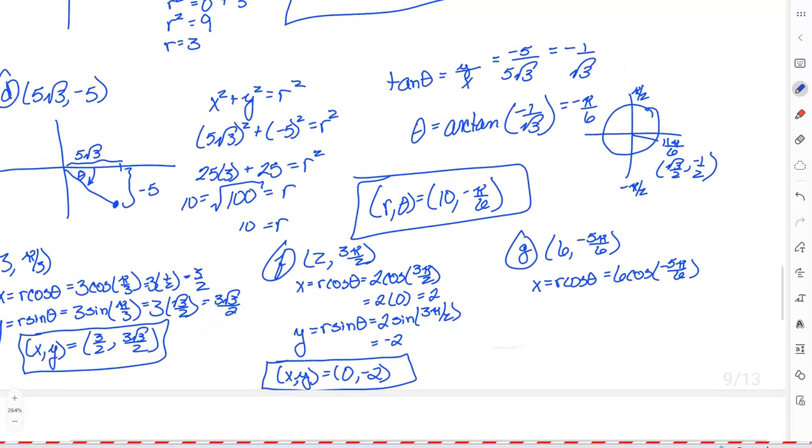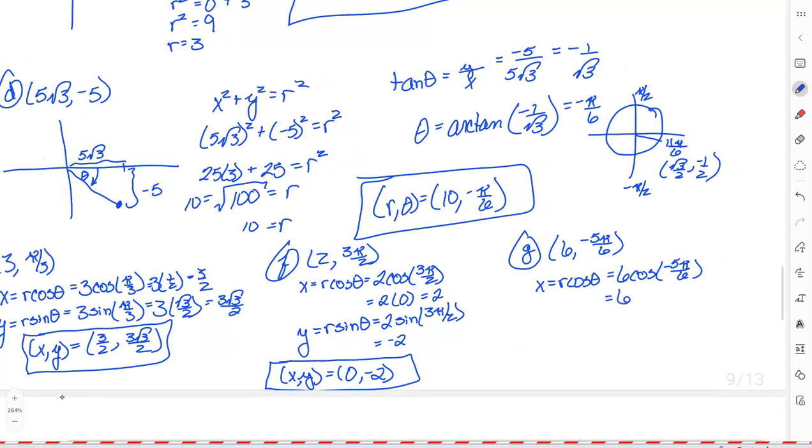Cosine's that x-coordinate, and that x-coordinate is negative square root of 3 over 2. When I multiply 6 times negative square root of 3 over 2, I'm going to get negative 3 square root of 3.